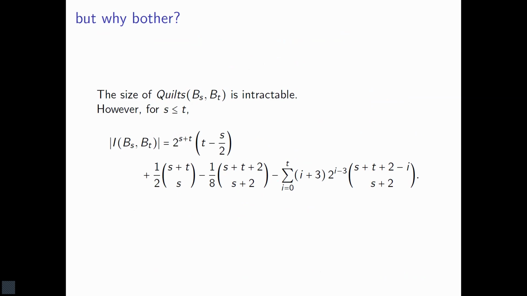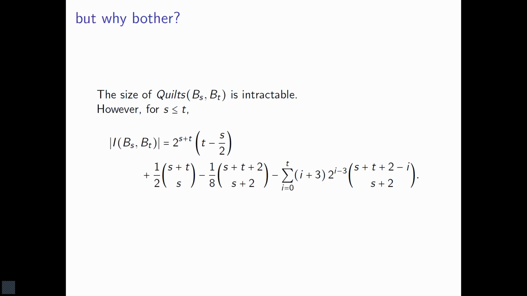So as I said already, the size of the distributive lattice of quilts for BS and BT as the two posets is completely hopeless to compute. But we can at least compute the number of join irreducibles, and I find this actually quite interesting.